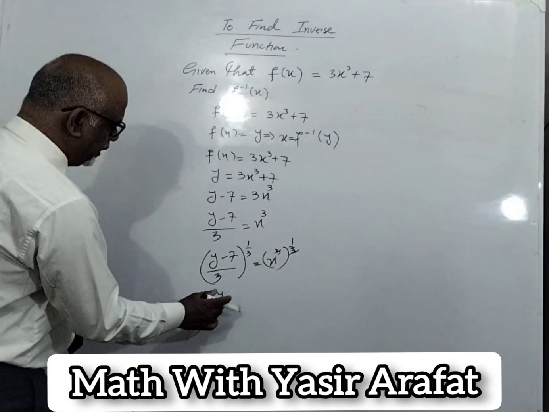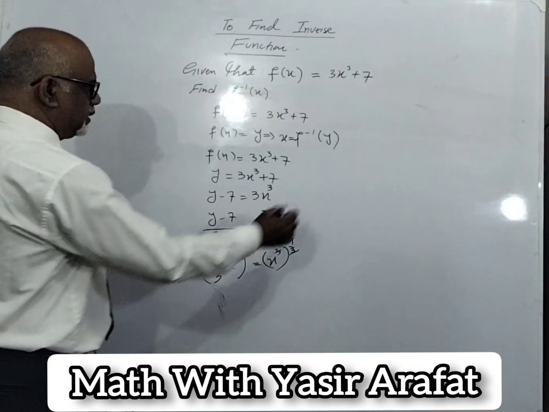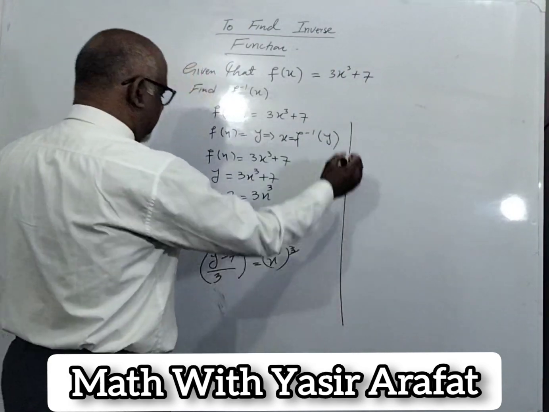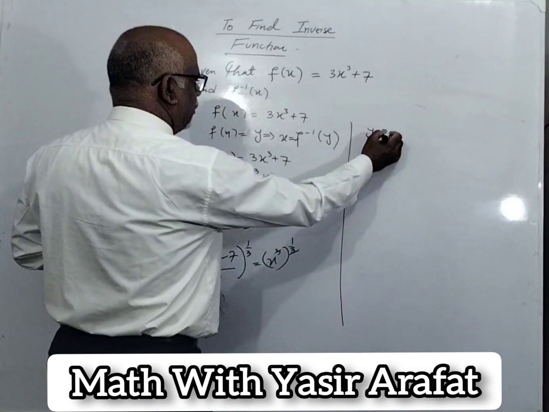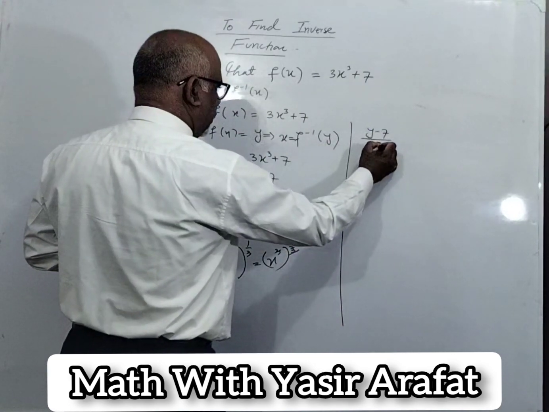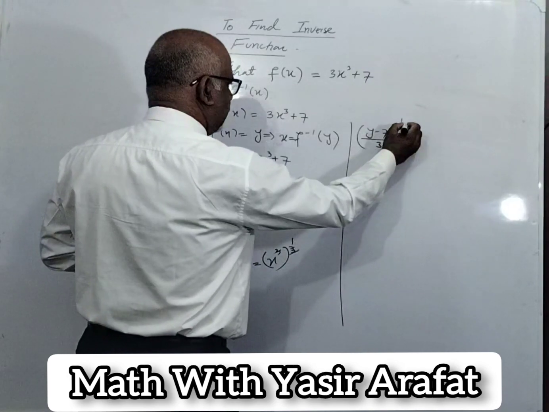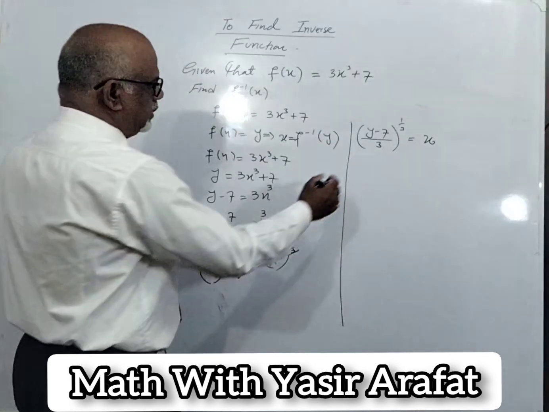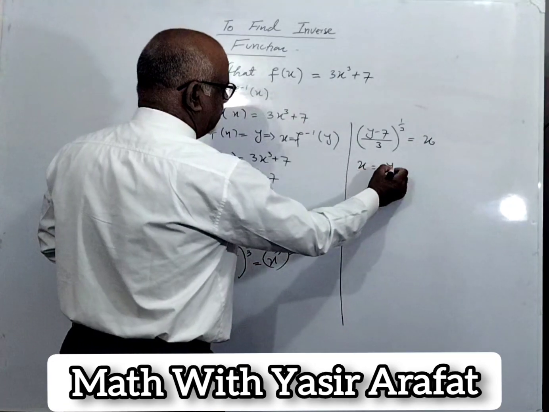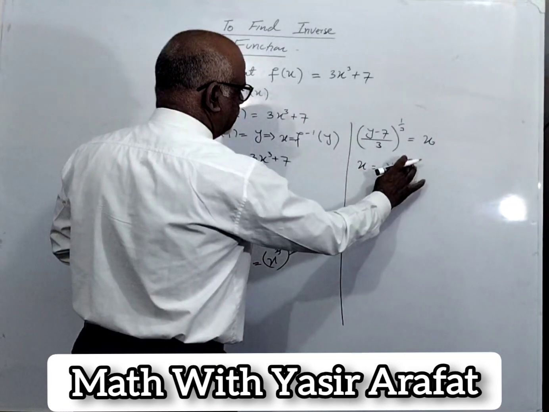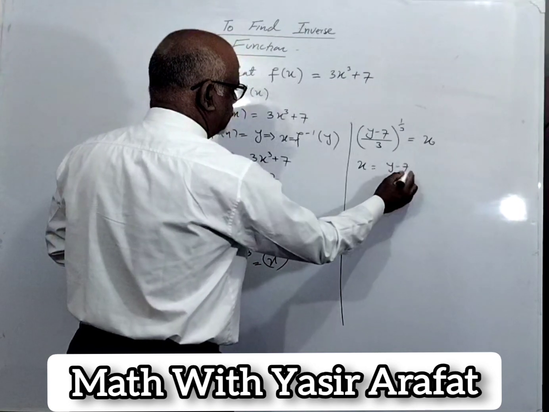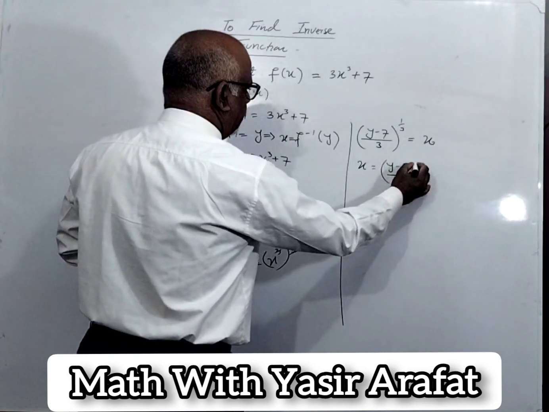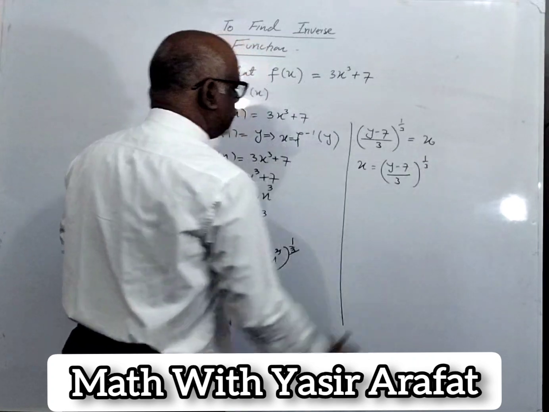So this is (y minus 7 over 3) whole power 1 upon 3, that is equal to x. So x is equal to (y minus 7 over 3) whole power 1 upon 3.